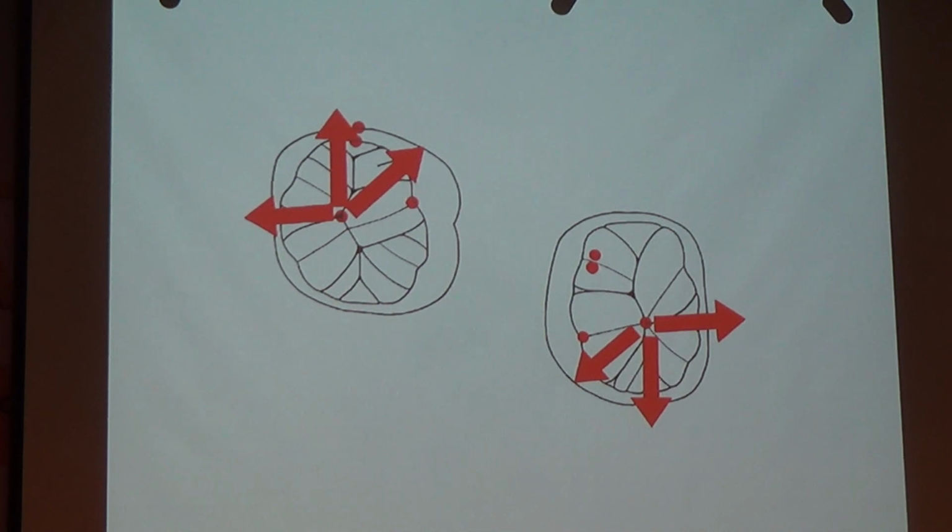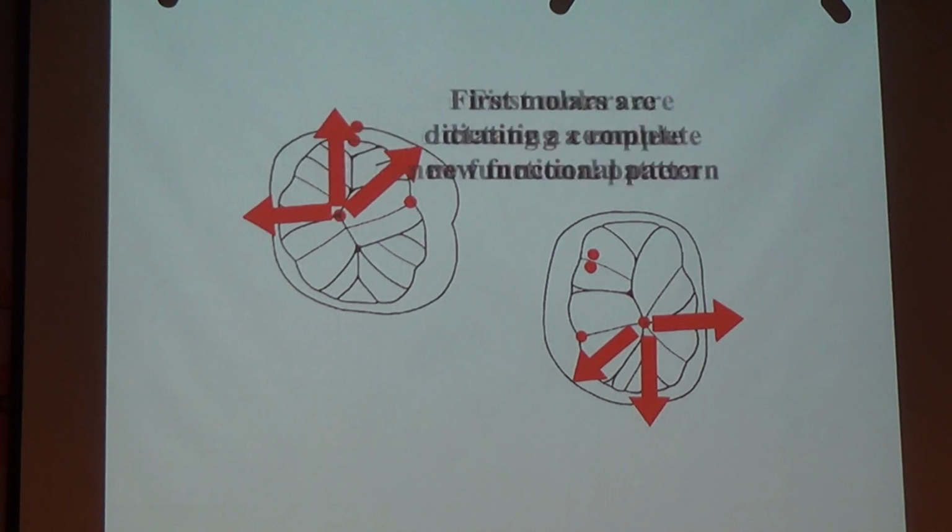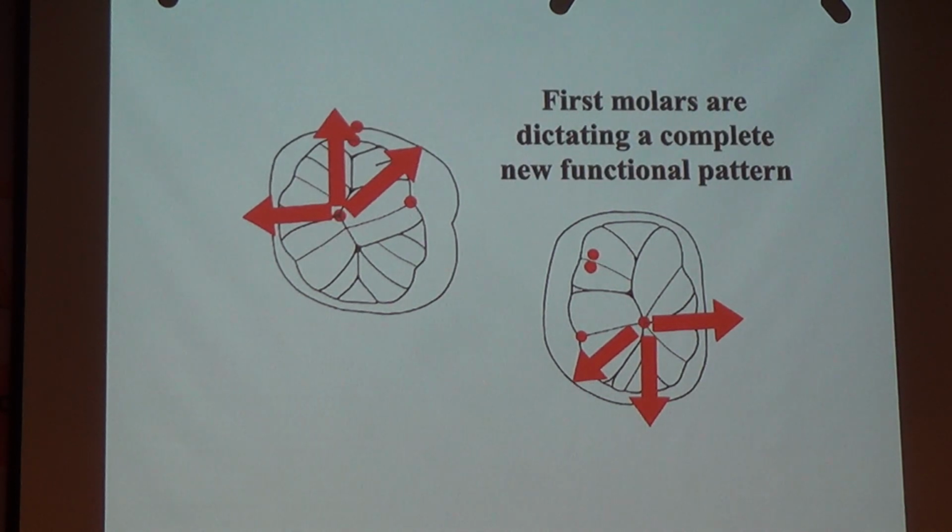Lateral intrusion, medial intrusion, protrusion. Đó là cái sự trượt sang bên, ra trước và lùi sau. So the first molars are dictating a completely new functional pattern, because the deciduous dentition didn't have any functional input like this.